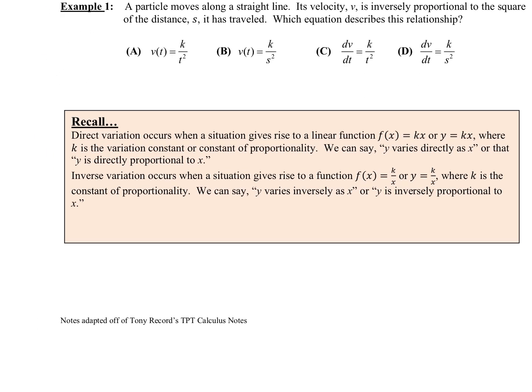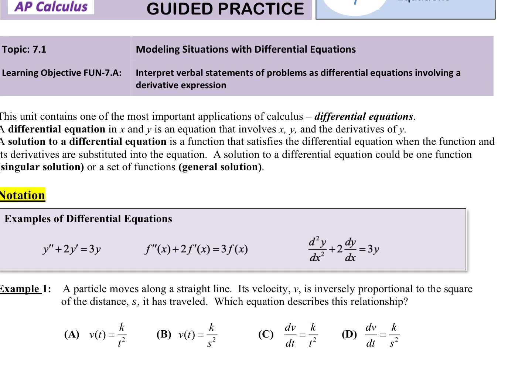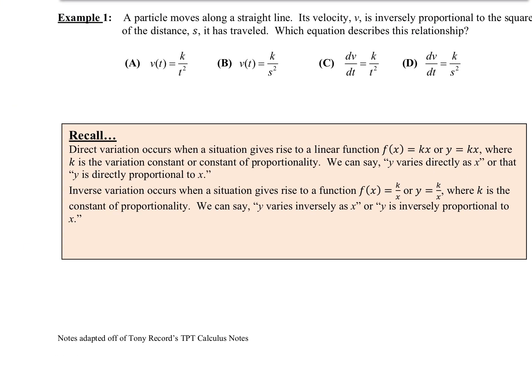So, really quick, direct variation and inverse variation. I'm going to highlight these things again here. For direct variation, your formula is f of x equals k times x, or y equals k times x, where k is my constant of proportionality.